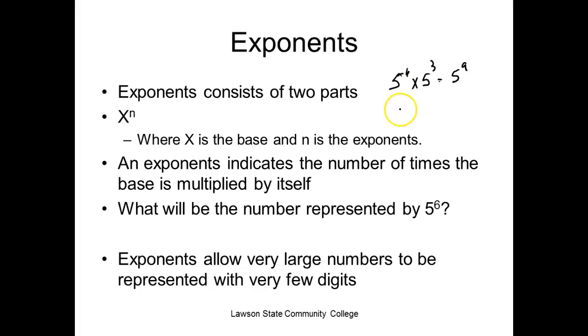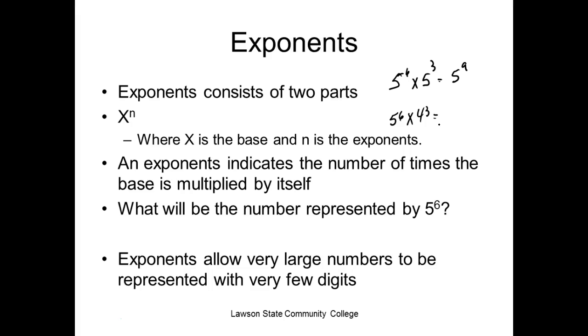But if I say 5 to the 6 times 4 to the 3rd, then the first thing I have to do is get everything in the same base. So that adds a little more complication. What if everything used the same base?